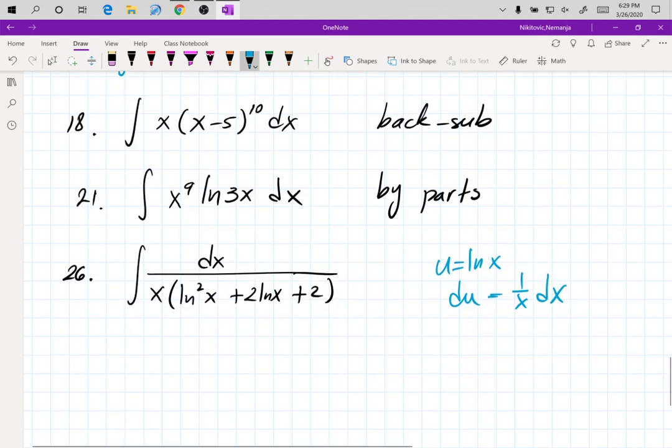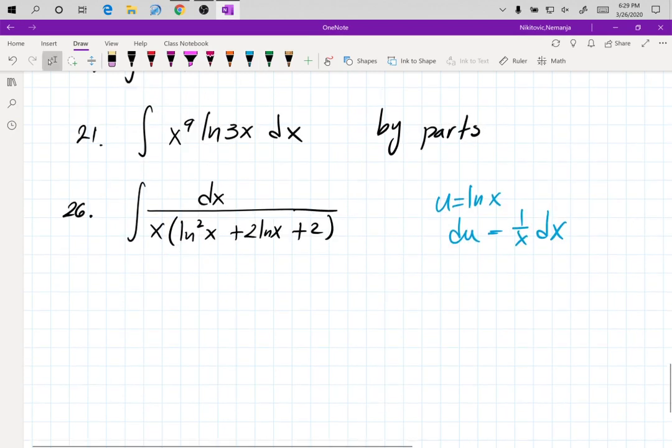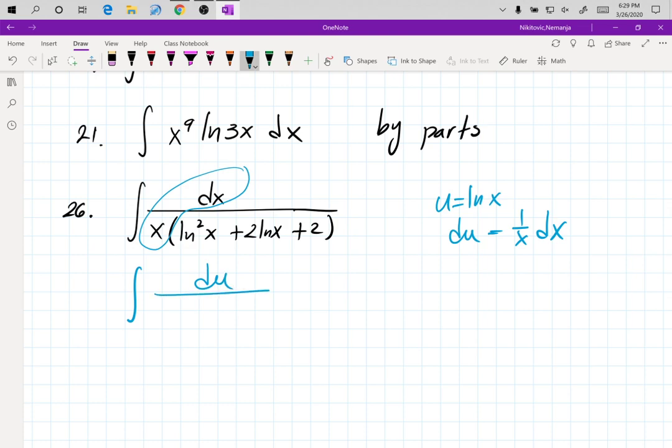And once we convert the problem, we can decide what's the next step. So 1 over x dx over here becomes du, and the denominator becomes u squared plus 2u plus 2.